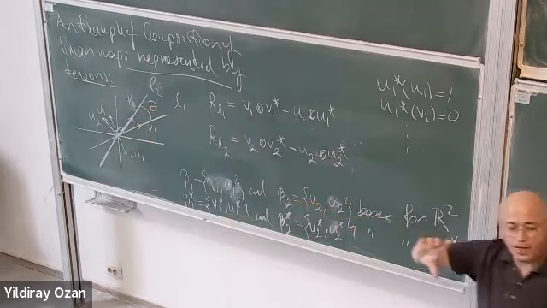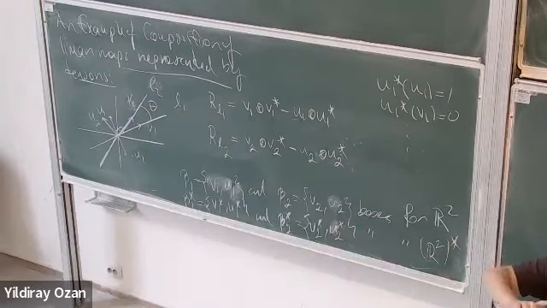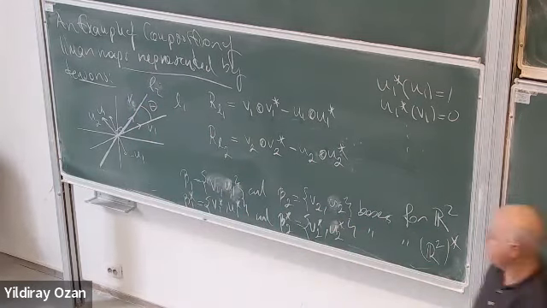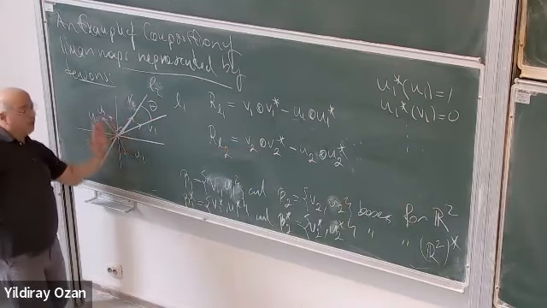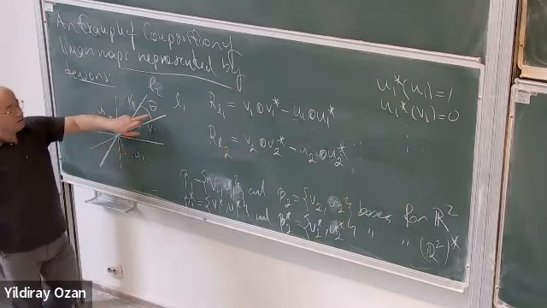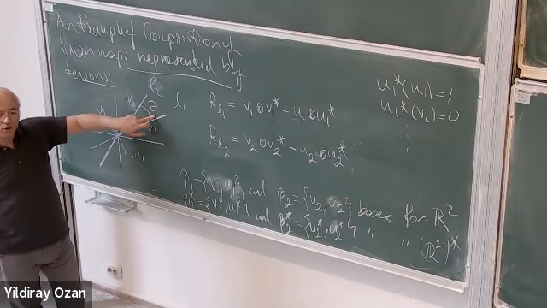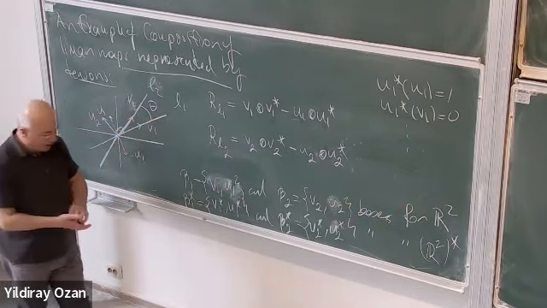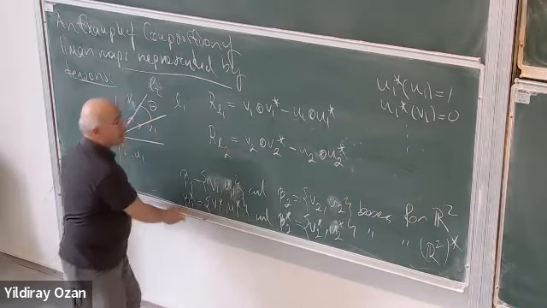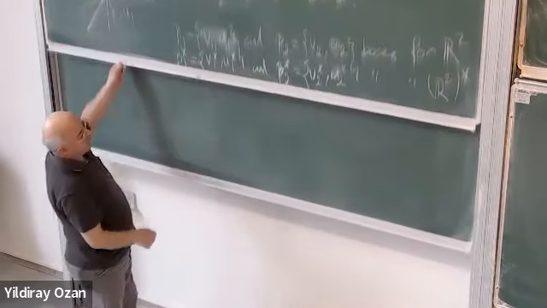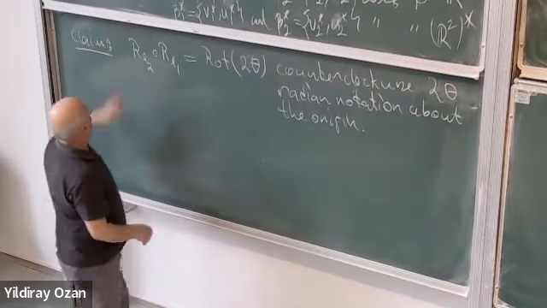So my claim is that the composition of these two reflections is a rotation of the plane. How many radians? 2 theta radians. So twice the same. Okay, that's my claim. Well, let's see how we can prove this.